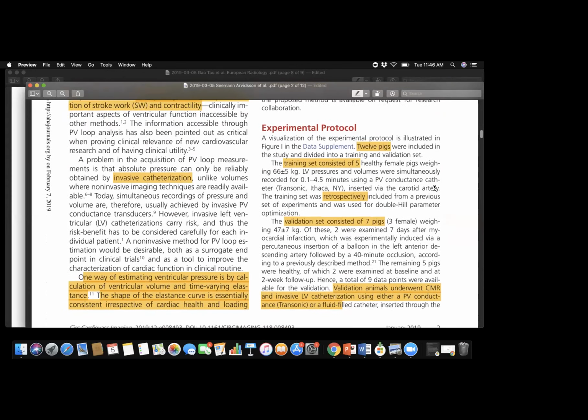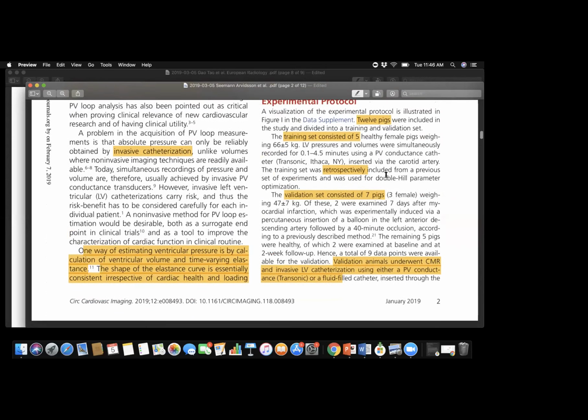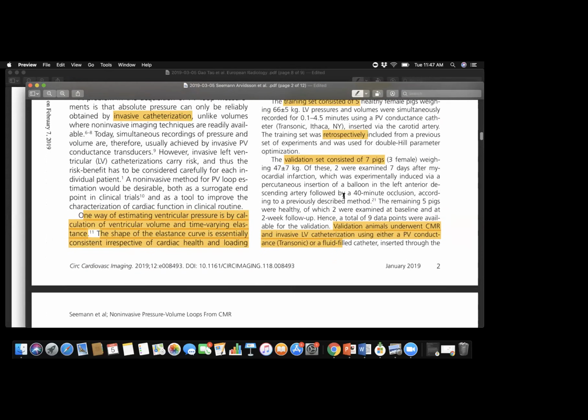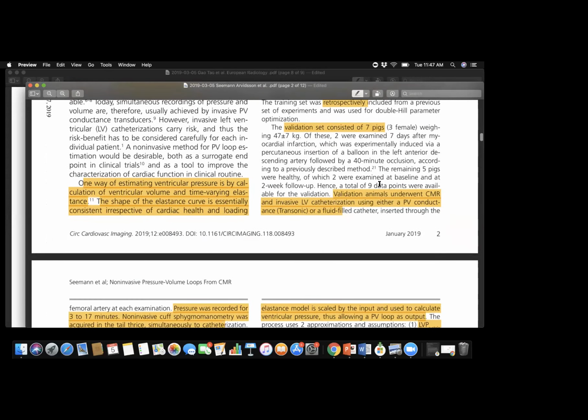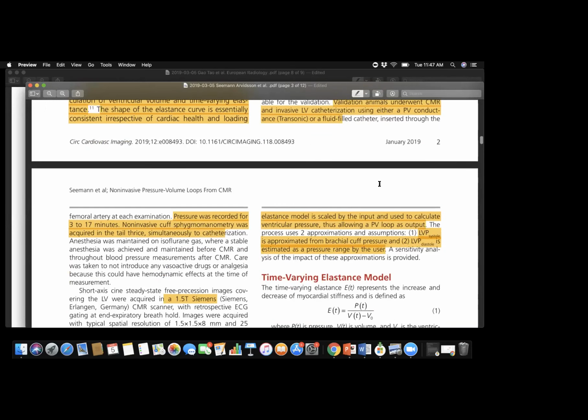So the experimental protocol was 12 pigs, 5 in the training set that underwent invasive measurement of the PV loop. And then there were 7 pigs in the validation set, some of them healthy, some not healthy. These 7 validation animals had their CMR, and they also underwent catheterization using the PV conductance catheter for assessment.